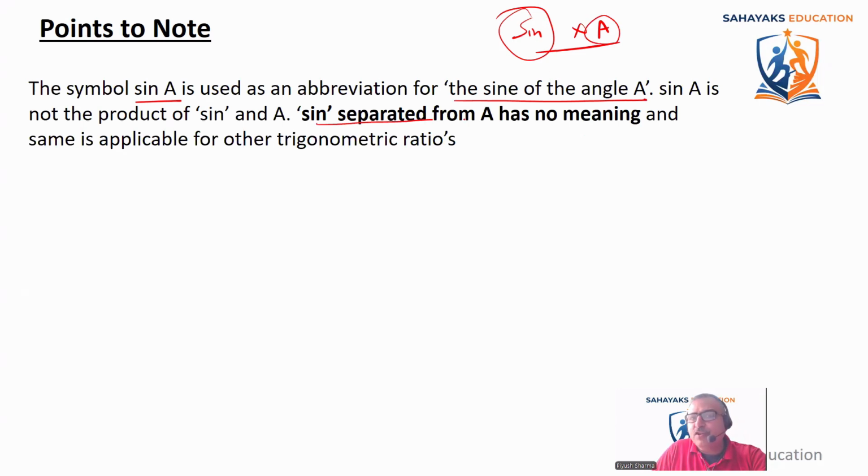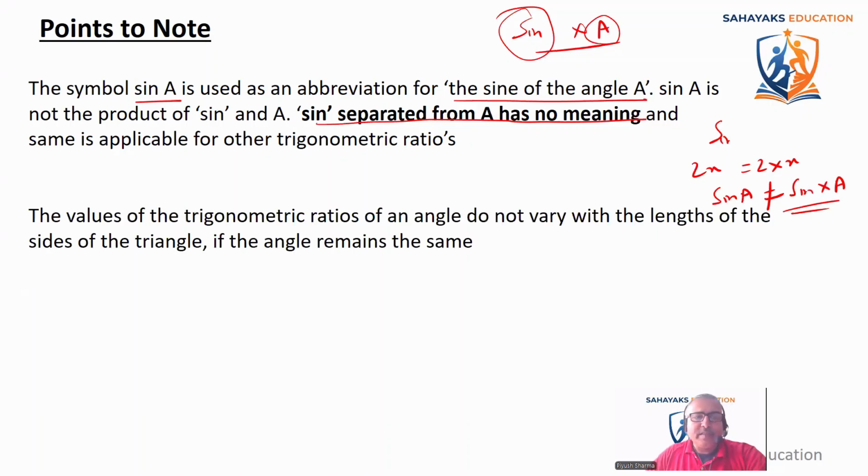So sine separated from any angle has no meaning, and the same is applicable for other trigonometric ratios. Please remember this. Like we write 2x, it means 2 multiplied by x. But sine A is not equal to sine multiplied by A. Please remember this part.